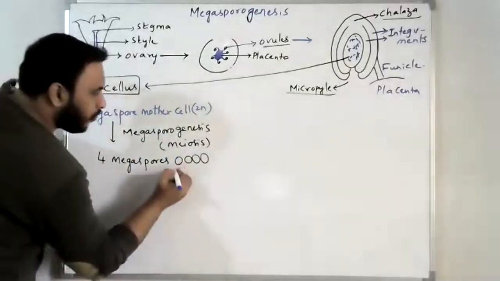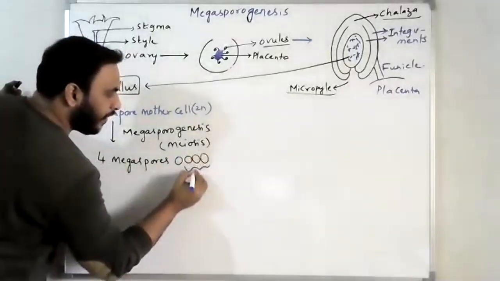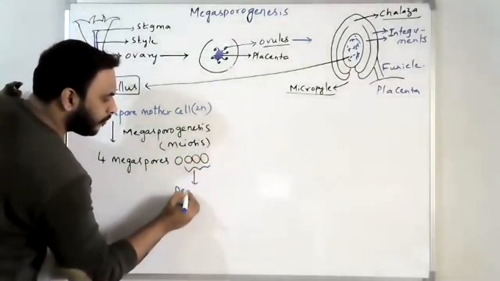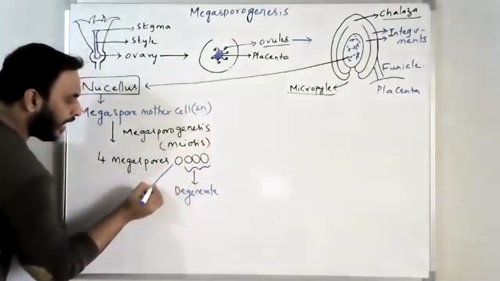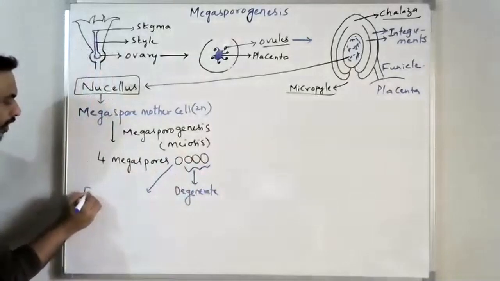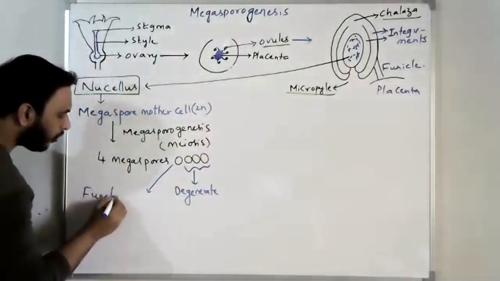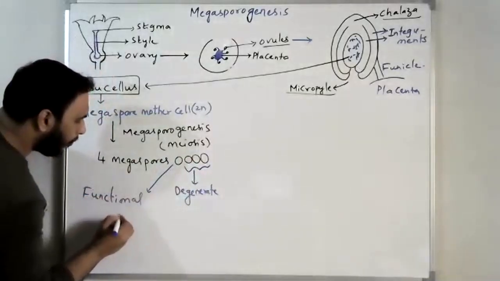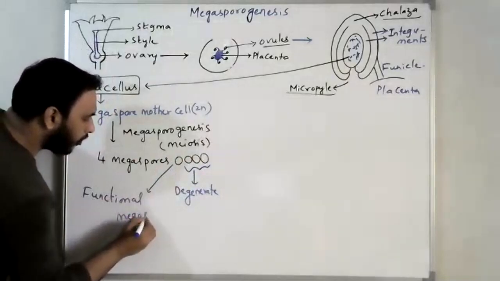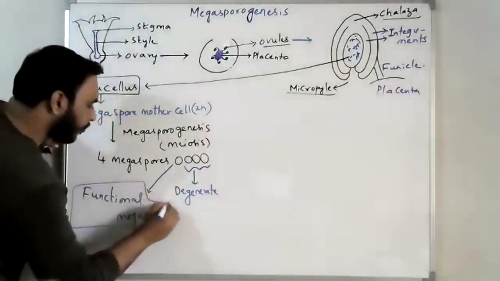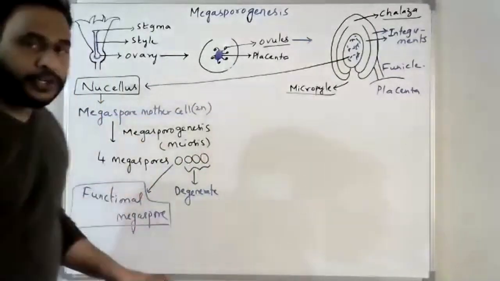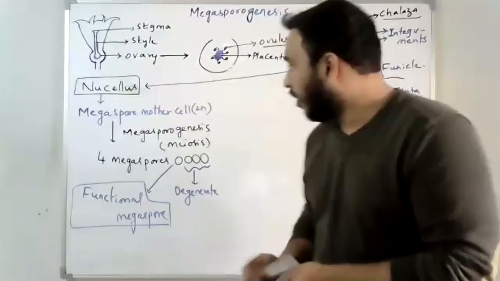Out of these 4, 3 will degenerate and one will be left, which is called the functional megaspore. All are haploid.